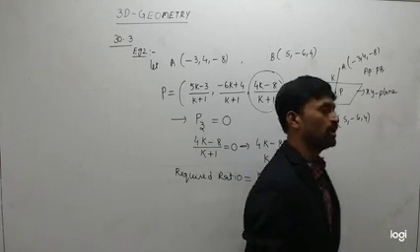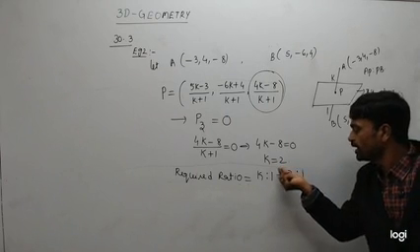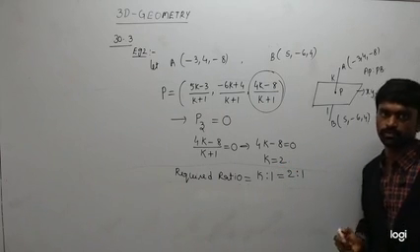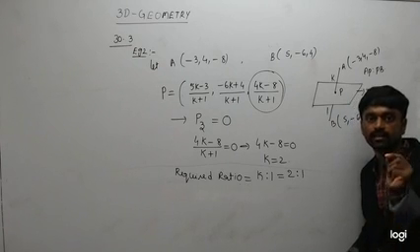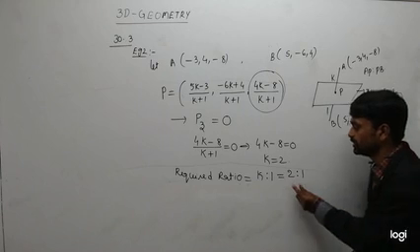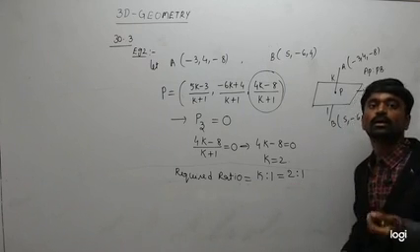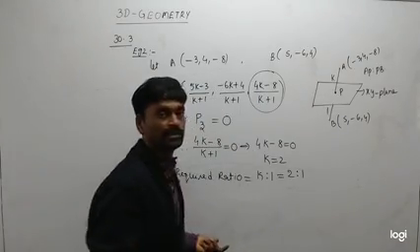That means the XY plane divides the segment joining the given points in the ratio 2 is to 1 internally. Suppose you got a negative k value, say minus 2, then the ratio becomes minus 2 is to 1, and you have to understand that the division is external. If you got a positive value, it is internal division.